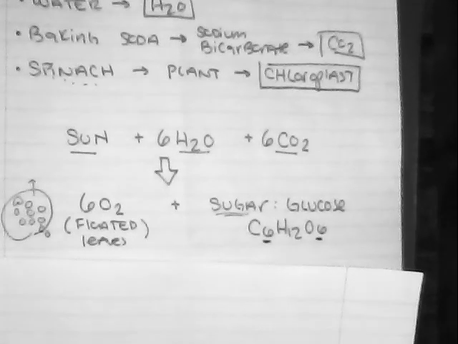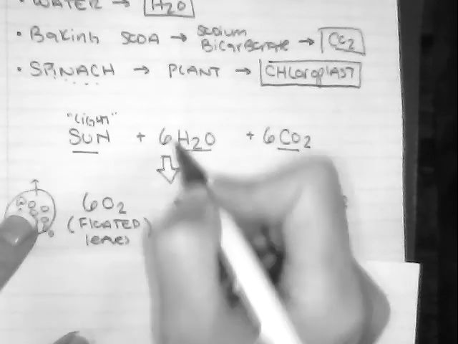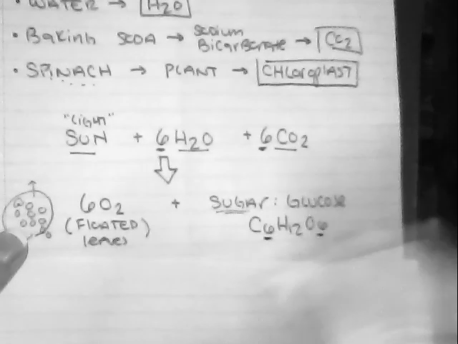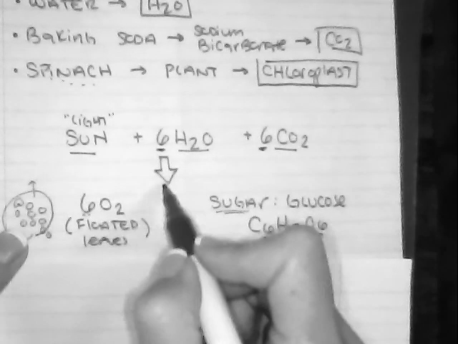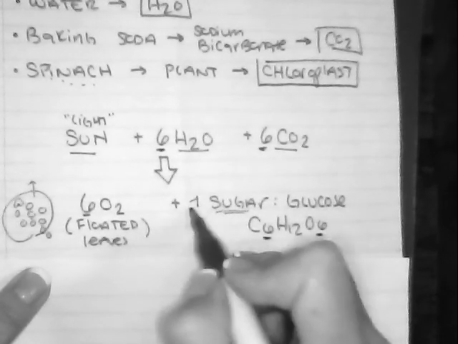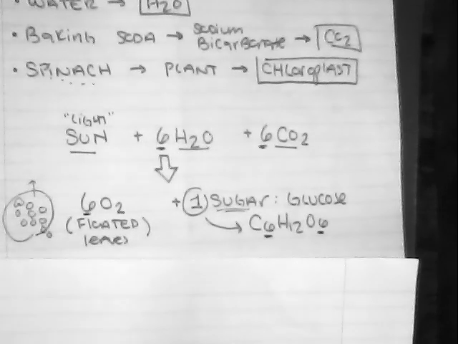So photosynthesis, which I need for you all to remember, is sun, which is your light, plus 6 molecules of water, plus 6 molecules of CO2, is going to yield or produce 6 molecules of oxygen, and then simply 1 molecule of C6H12O6.